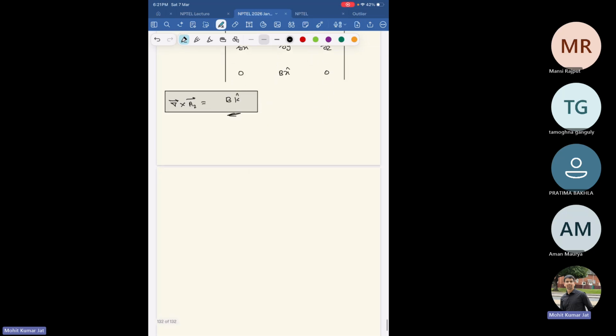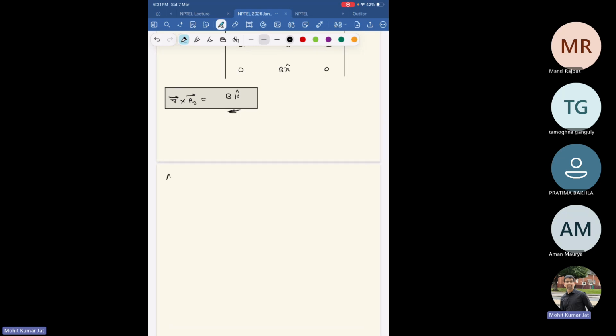For example, instead of 1/2, I write one more to be minus By by 4 x cap plus 3 by 4 Bx y cap plus 0 k cap. This will also satisfy the criteria, and then I can play with this number and this number, minus B by 4. Yeah, and I can then show that there are infinite possibilities of the vector potential A for a given magnetic field B.